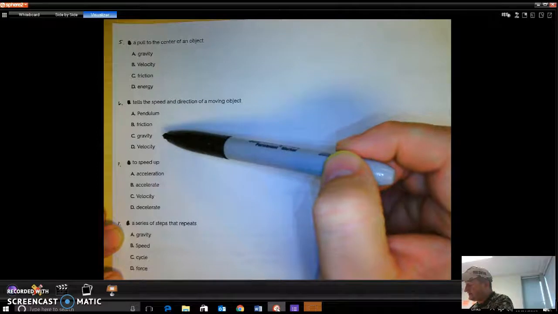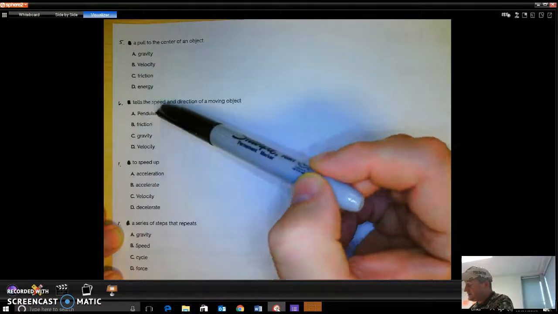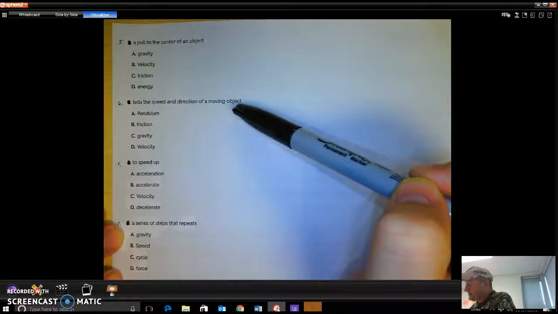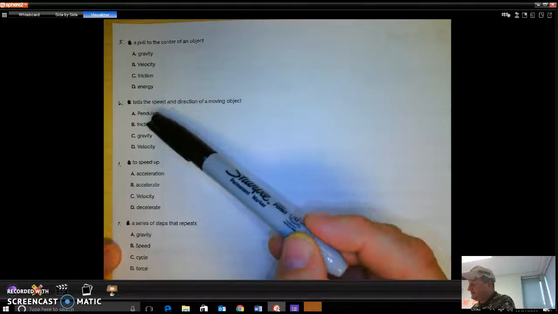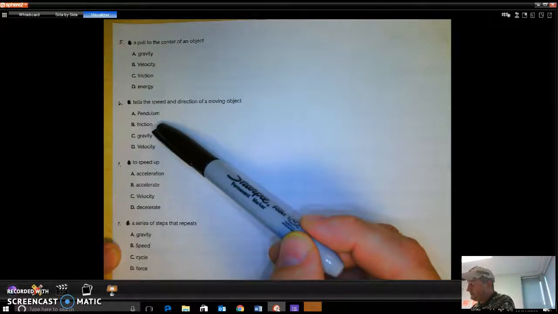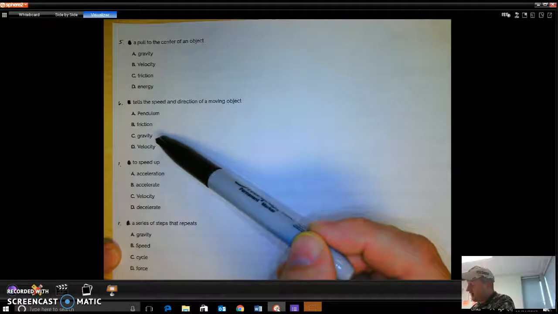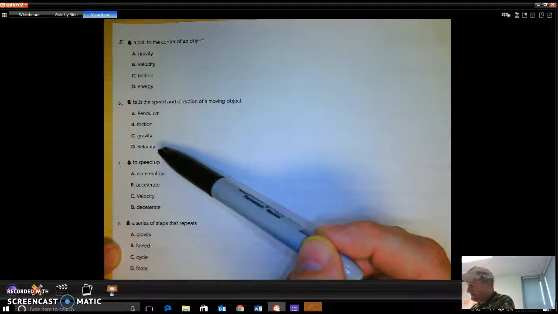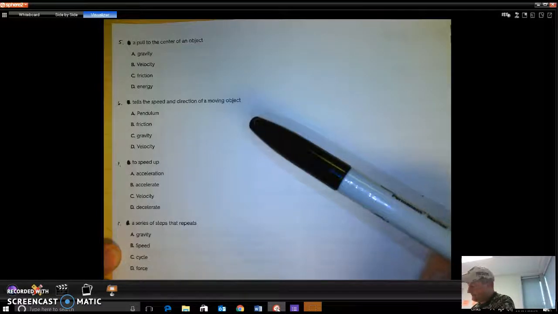Number 6. Tells the speed and direction of a moving object. Do you believe it would be A, pendulum, B, friction, C, gravity, or D, velocity? Okay. Next, to speed up.